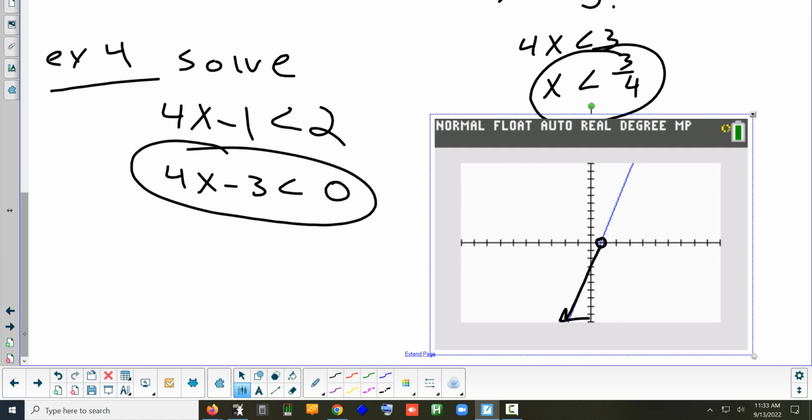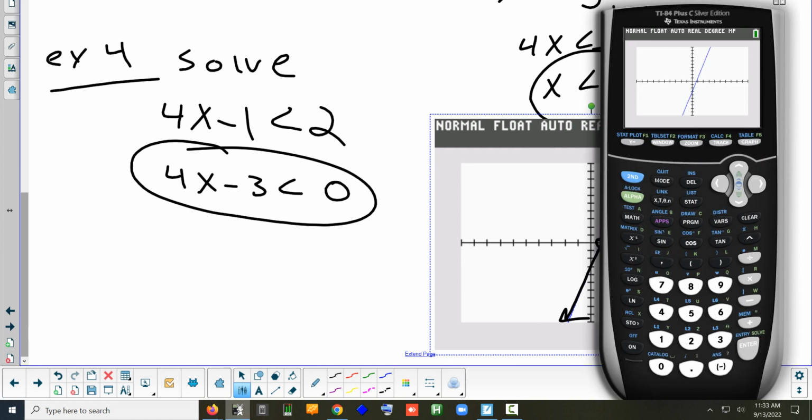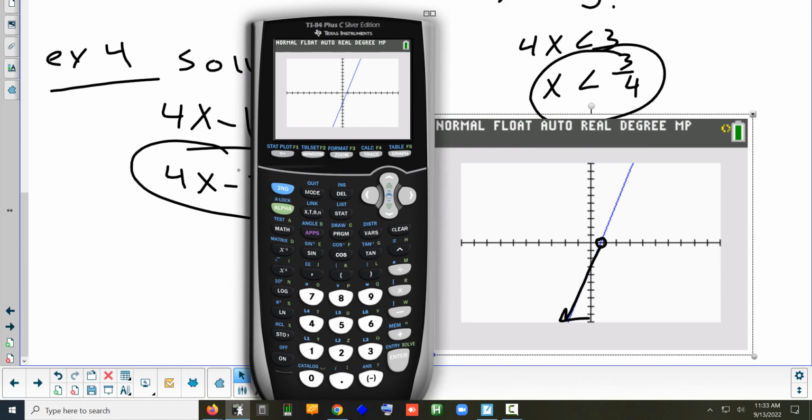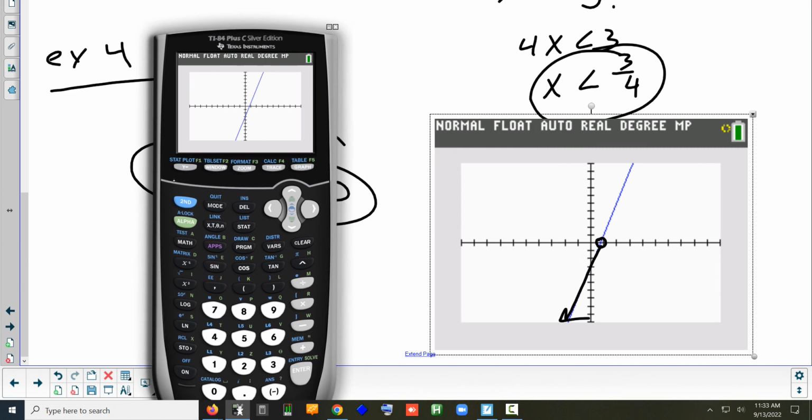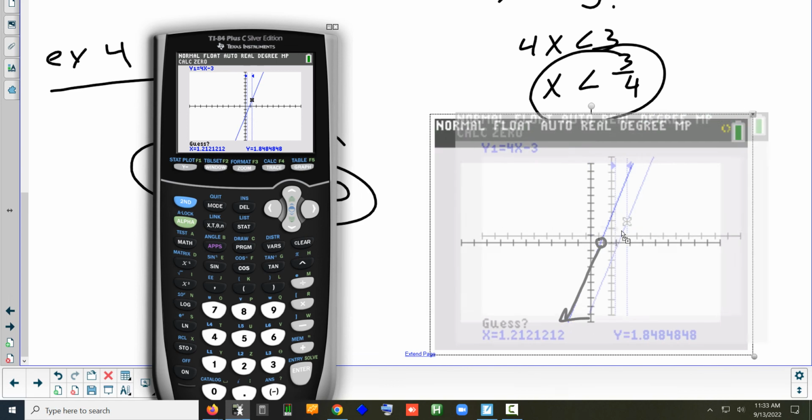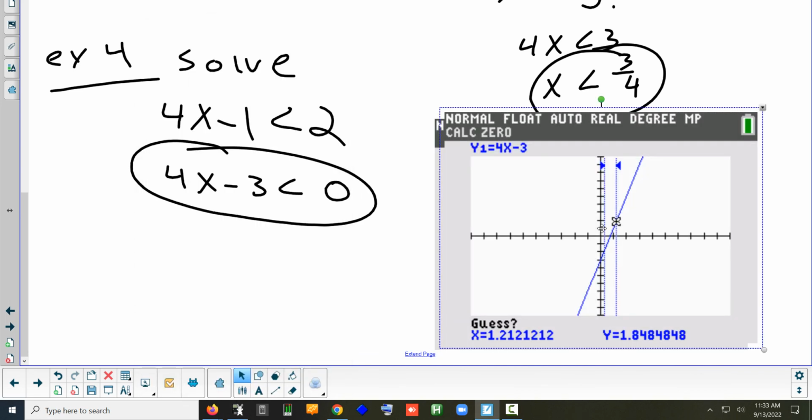So you need to find that 0 value. Does anybody remember how you calculate 0? Yeah, second calc, zero. Pick a point to the left, to the right, okay, and then guess, it'll look like that.